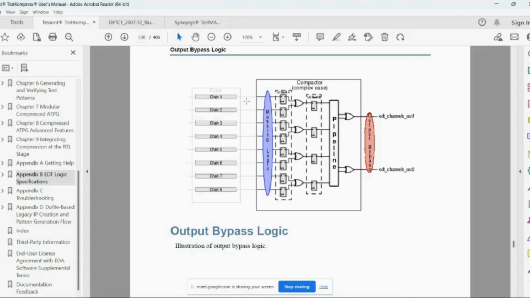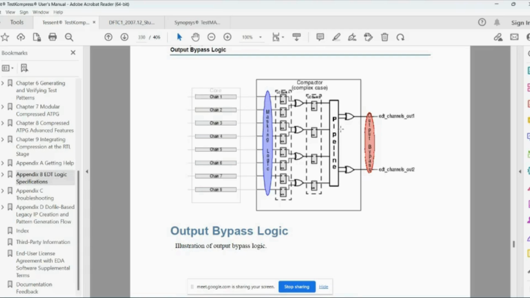In this scenario, you are trying to push the value to the outside. So these two chains have to be concatenated to a single output.